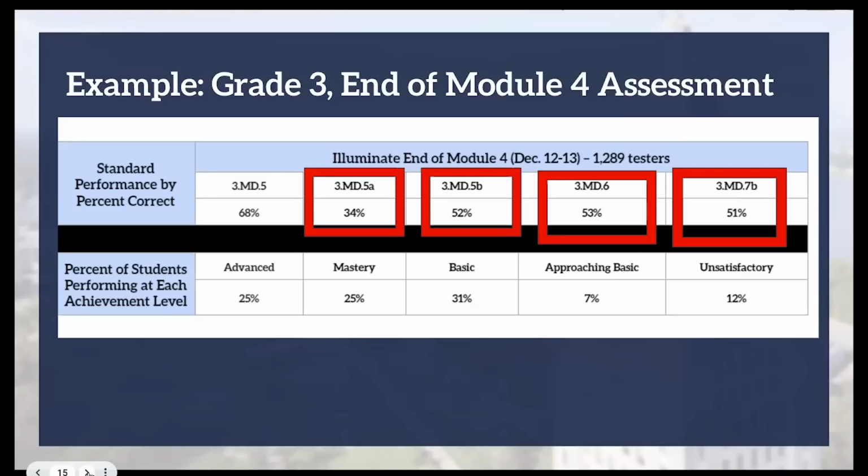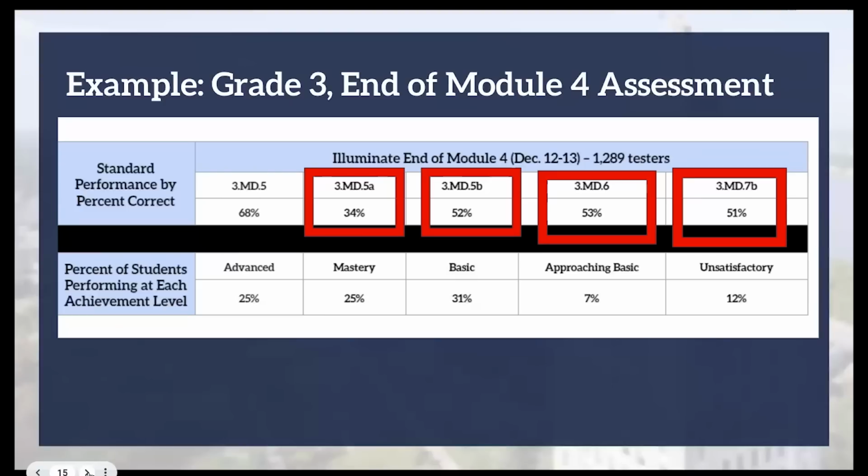So when I look at this as a teacher, I see that, yes, there's one that really stands out, 3MD 5A, where students really had a lot of challenges with that content. But when I look at the other 3, they're only just a little bit above 50%.